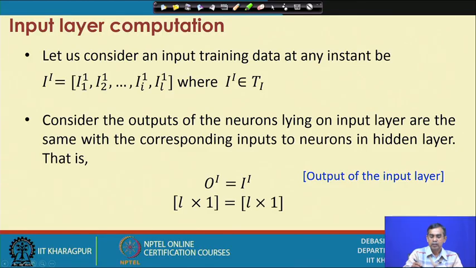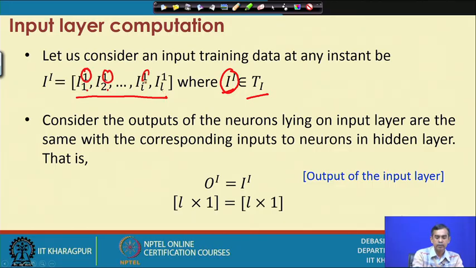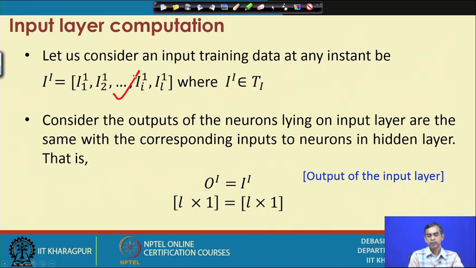Now, the input layer computation can be discussed like this. Suppose any input I which is in T, we have discussed this is the input set, and this I consists of L number of inputs, one for each neuron in the input layer. So, we can denote it as I 1, I 2, up to I L. So, this is basically one input that is there in the input set, which belongs to this training set T. The input layer computation is trivial in this case.